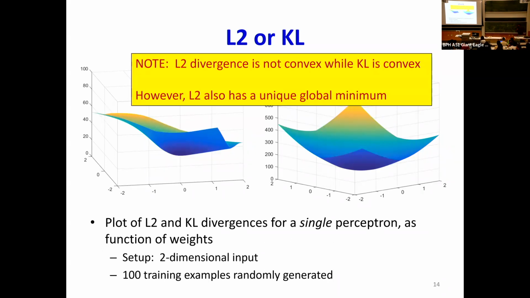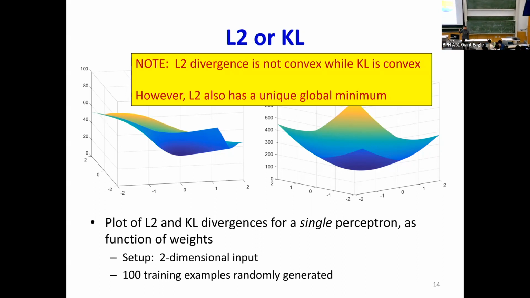Let's look at what happens on the input. The function is like so with respect to W. But then when I take a log, this part gets compressed a lot less than these parts do. And so the thing becomes a bowl as a function of the output.